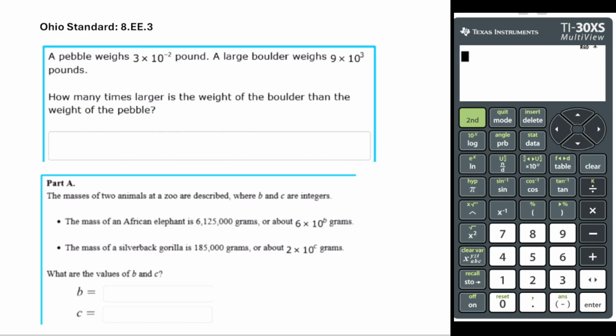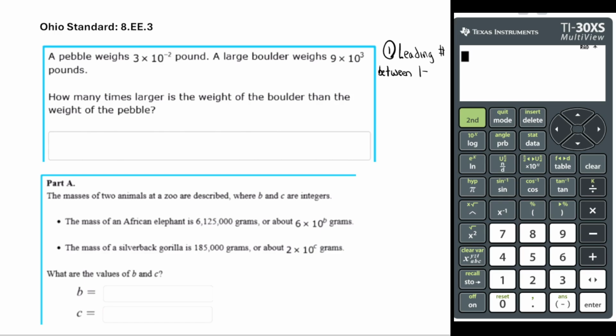Okay. So remember, for a number to be in scientific notation, for those who don't remember, it has to meet two rules. One, it has to have a leading number. That's the number in front of a decimal, between 1 and 9.